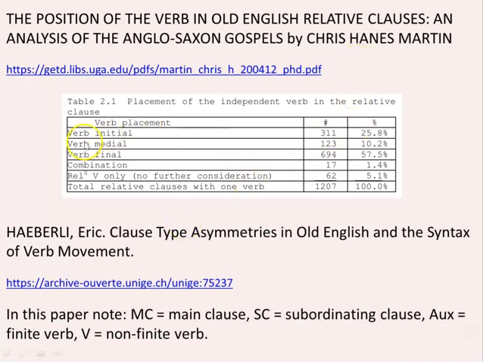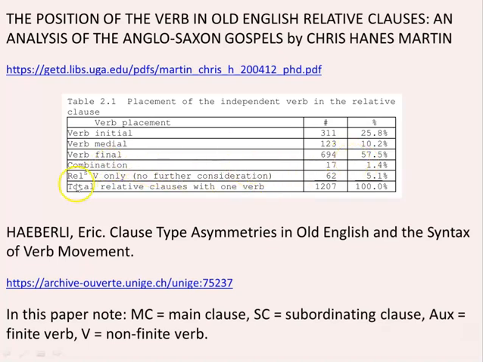Okay, if you have a look, verb placement initial in the subordinate clause happens in about 25% of cases. Verb medial, in the middle, about 10% of cases. Verb final, about 57% of cases.